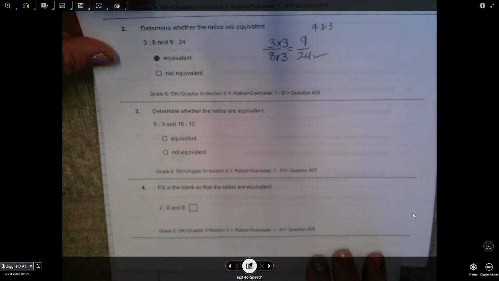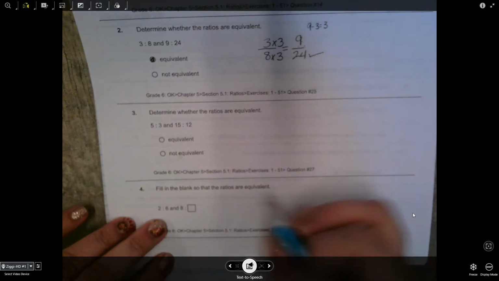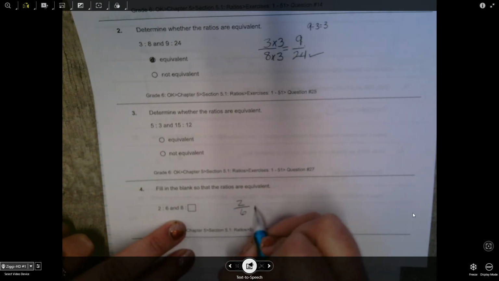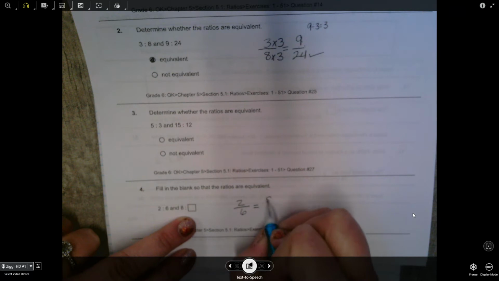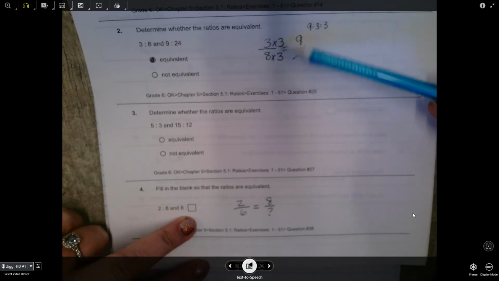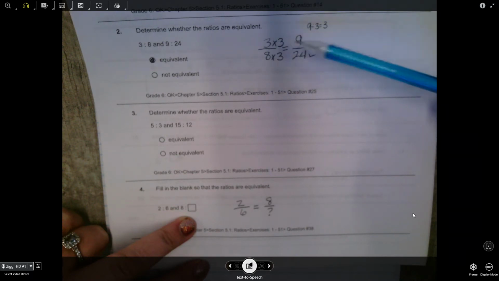I'm going to get you started on number 4. So it says 2 to 6 is equivalent to 8 to what? So just like we did up here, we have to figure out what we multiplied the numerator by to get the new numerator.